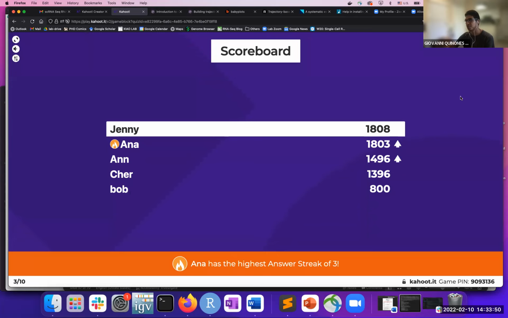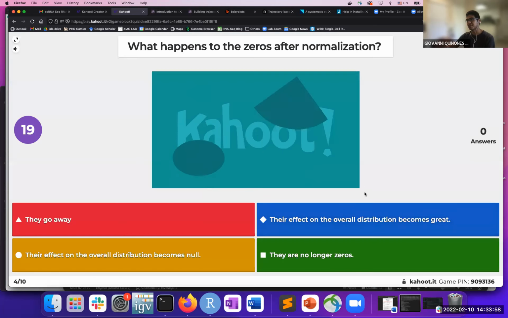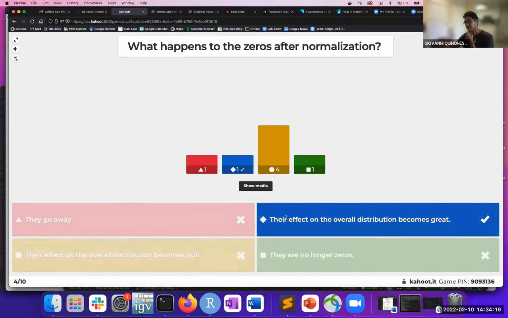Okay, we have some people moving up in our scoreboard. What happens to the zeros after normalization? The zeros or dropouts? Hopefully you remember that plot from that one study that showed how the distribution changes after normalization. Yes, so the take-home message is that after normalization, the difference between a zero and a non-zero becomes greater.